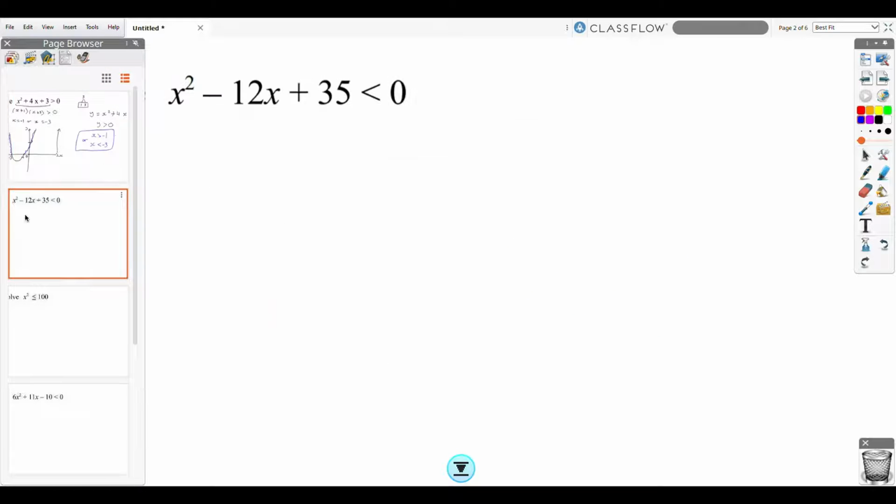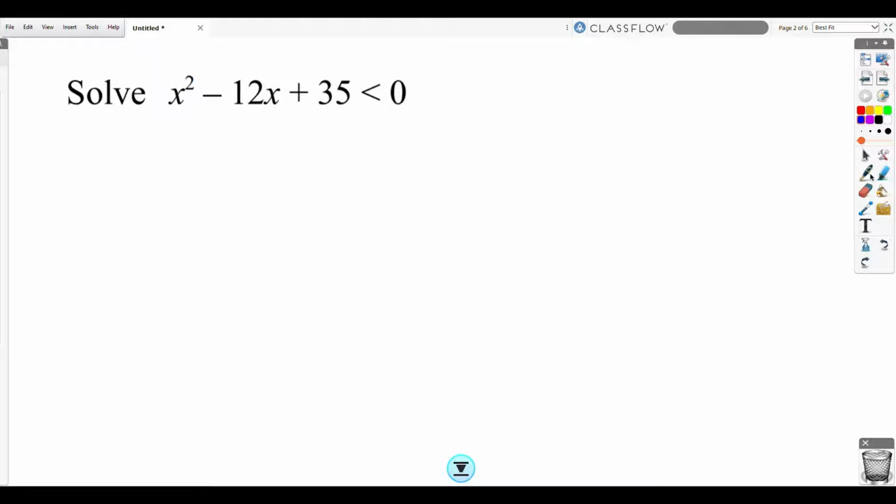Let's look at a different example where the inequality is on the other side. So once again for this one, since we have a 1 in front of the x squared, we're going to try and find the factors of 35. So we've got 1 and 35, and 5 and 7, and that's it.